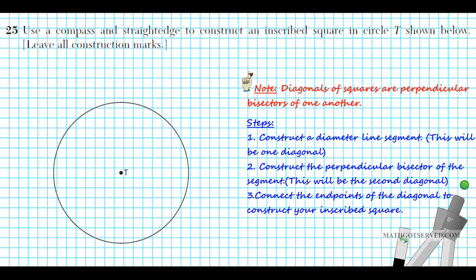An inscribed square is basically a square constructed in such a way that the vertices intersect the circle. So there goes the circle, and you basically want to inscribe a square in it. So the four vertices have to touch the circle. So there goes an inscribed square.